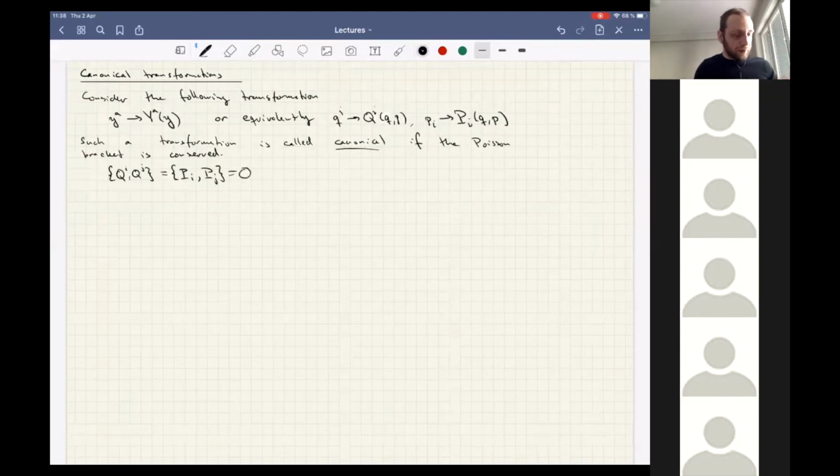Both should be equal to 0. And if you take the canonical commutator between capital QI and capital PJ, it's going to be delta IJ. Or if you wanted to write it in terms of the Y's, we should have that the YA and the YB commutator should be omega AB.